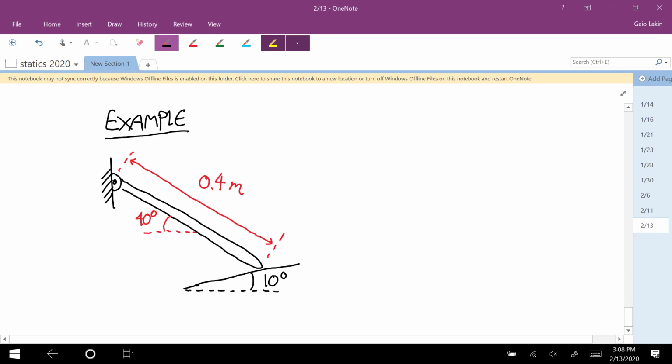Oh, and then one more thing, at the center, let's say that there's a clockwise couple of 50 Newton meters. That could be applied by two different forces or by a torsion spring. There's a few ways that could happen.